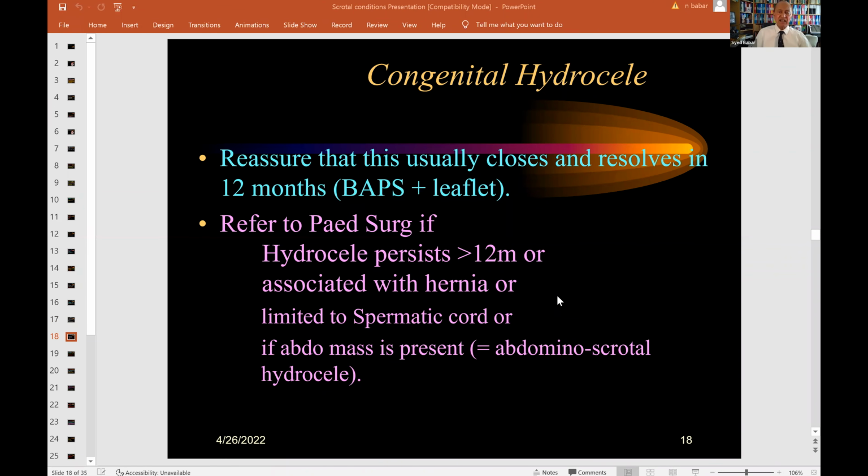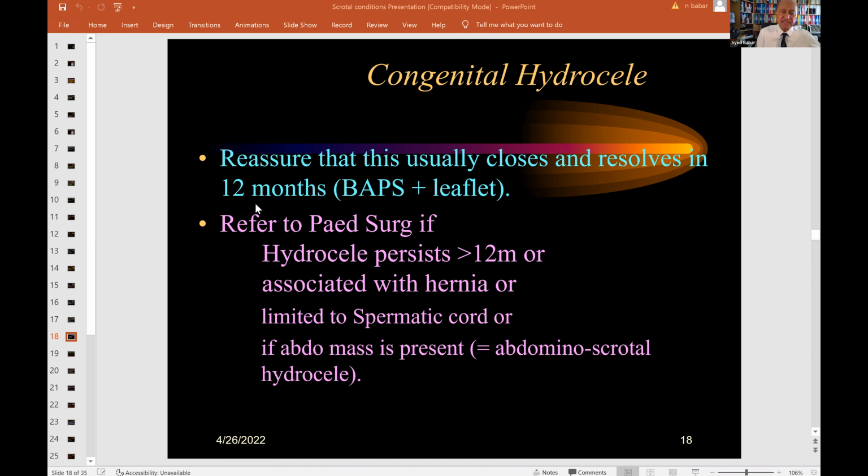So congenital hydrocele, how does one manage it? One usually reassures the mother that it will usually close and resolve in 12 months. And this is based on the British Association of Paediatric Surgeons, and internet leaflets are available, which we would need to give to the parent.